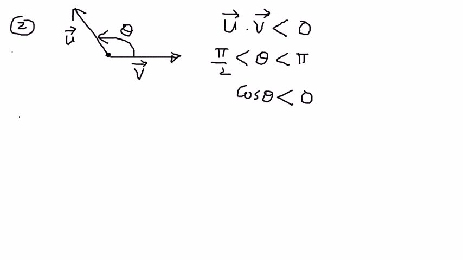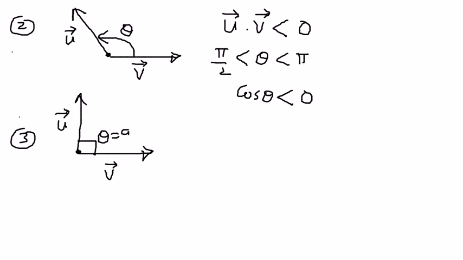Then the third condition is, if we have two vectors, let us say this is the starting point and we have a vector u like that and vector v in that direction. Let us say the angle between these two vectors is theta, and if that is equal to 90 degrees, then vector u dot vector v is going to be equal to 0.